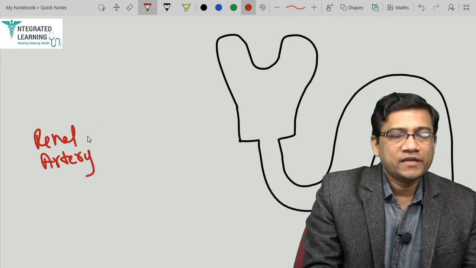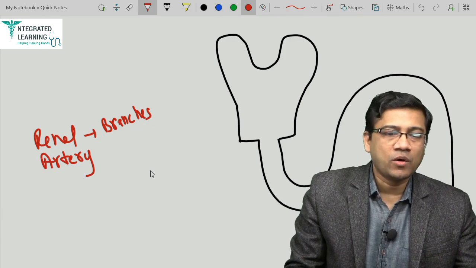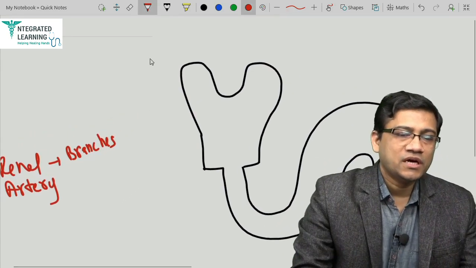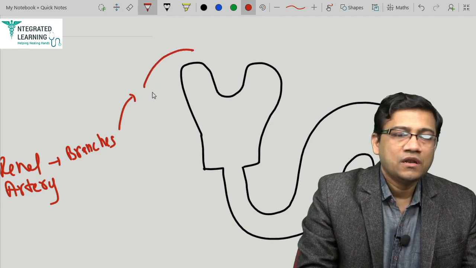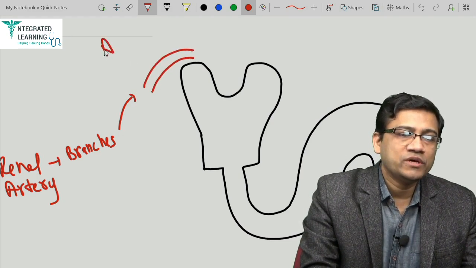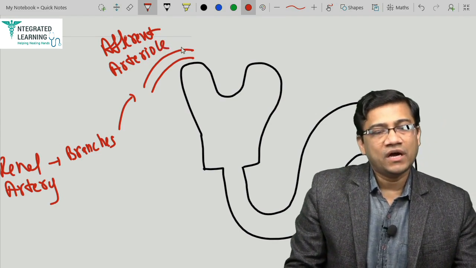It gives multiple branches like the arcuate, interarcuate, lobular arteries. Then these branches will give a single afferent arteriole to each nephron. So it gives the afferent arteriole.